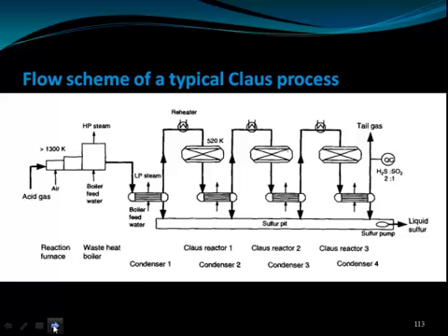In the flow scheme of a typical Claus process, the acid gas, which contains mainly sulfur containing gases, at a temperature of around 1300 Kelvin, is sent to the boiler feed water, where the water will be heated and converted to high pressure steam, and the acid gas will be cooled.